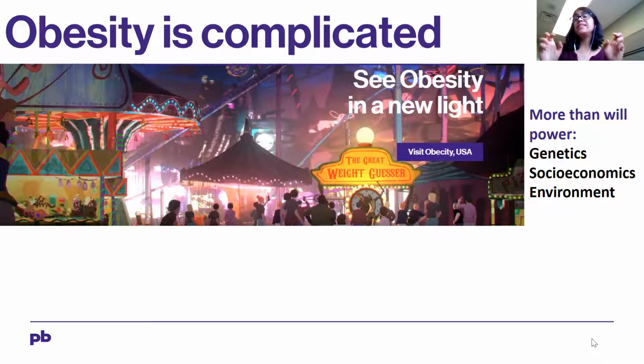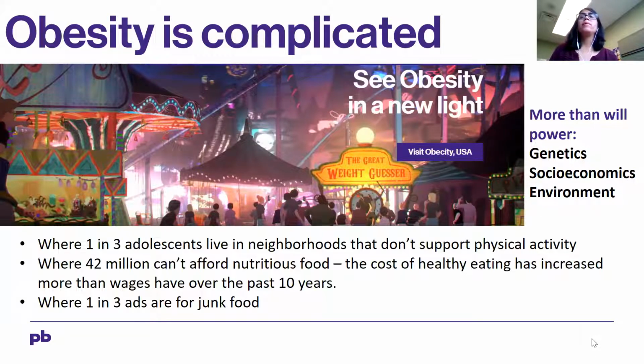Obesity takes place where 1 in 3 adolescents live in neighborhoods that don't support physical activity, where 42 million people can't afford nutritious food, where the cost of healthy living has increased more than wages over the past 10 years, and where 1 in 3 ads offer junk food. How are you going to solve the obesity problem in this kind of environment?